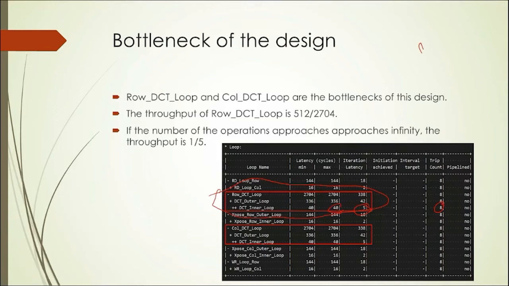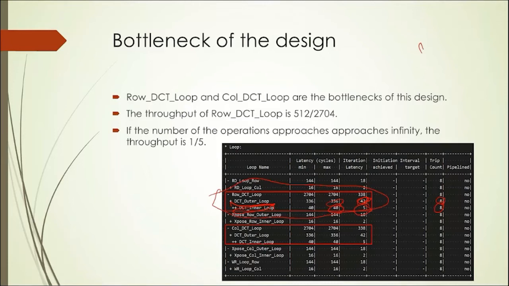To complete one iteration of the outer loop, which is 42, you need to enter the inner loop and exit the outer loop, which takes one cycle each, so extra 2 cycles. So 42 times 8 is 336.